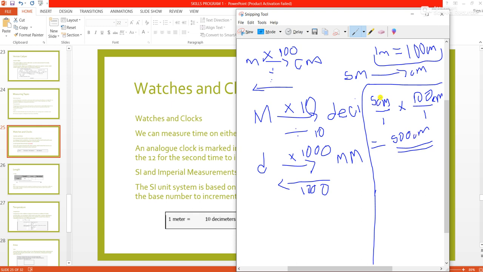Sorry, this is a meter, it's not a centimeter. So we're given 500 centimeter. We need to convert that to meters.